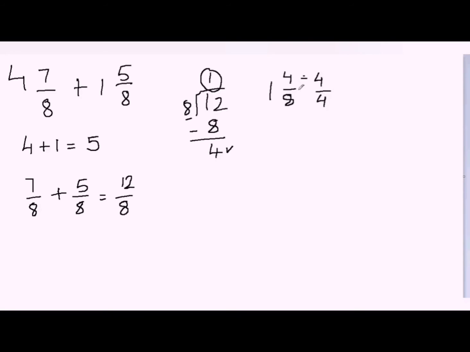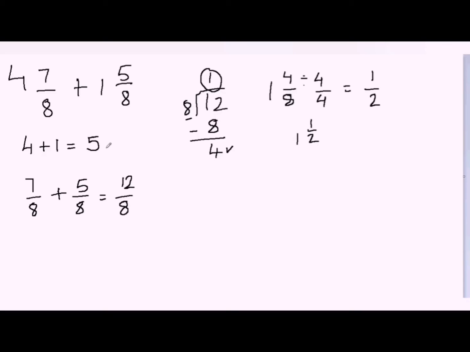They're divisible, so let's divide by 4. 4 divided by 4 equals 1, and 8 divided by 4 is 2. So the simple form would be 1 and 1 over 2, or 1/2.